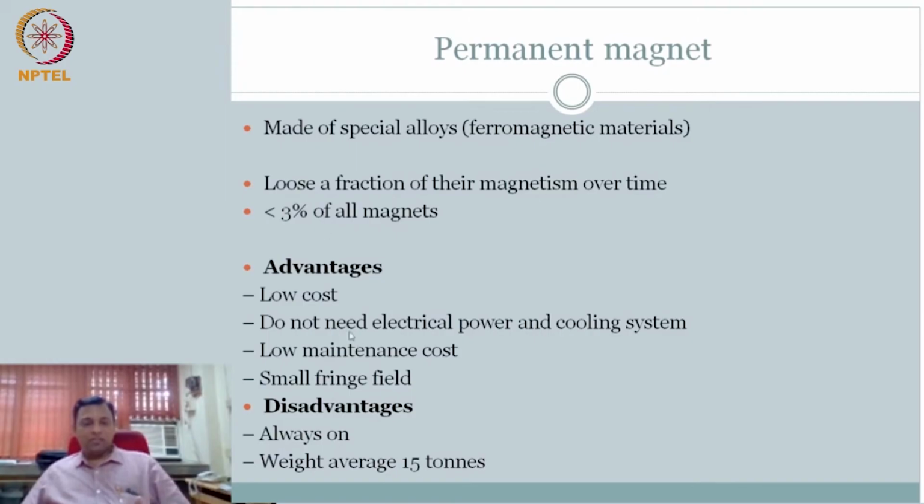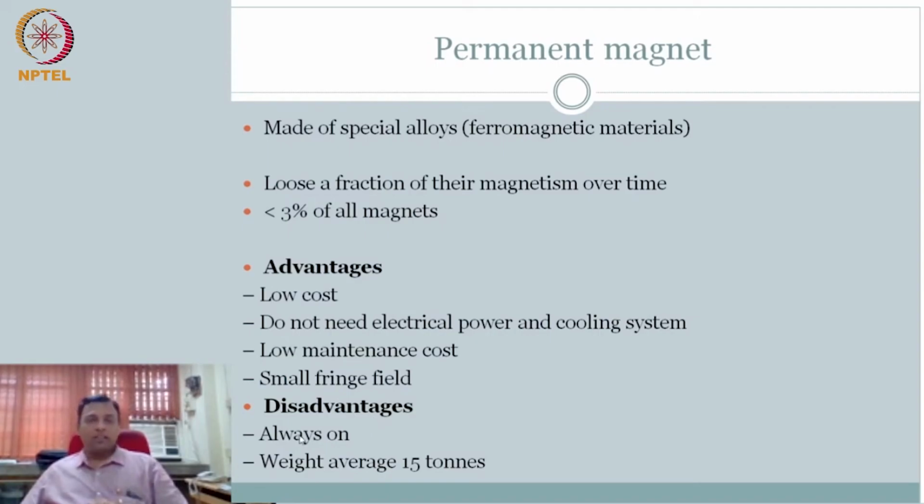Why? Because although it has these advantages of low cost, you don't have to have any electrical system to power it. It's always on in that sense, and low maintenance cost. And also the fringe field is very small. So these are all advantages. Despite that, it is not used very much because of two major disadvantages.